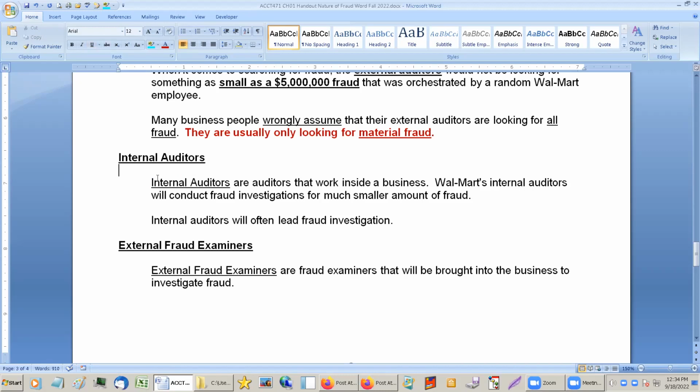Internal auditors who work inside a company. So Walmart, for instance, has their internal auditors, and they will conduct investigations into much smaller amounts of fraud.